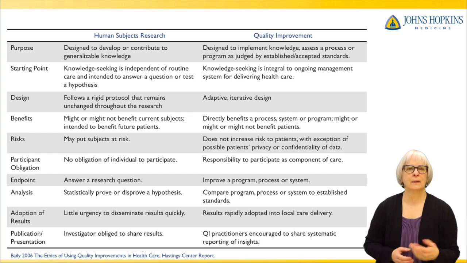The design, again, human subjects research: a rigid protocol that's going to remain unchanged, that standardization throughout the research project, versus quality improvement, where it's adaptive and iterative because it needs to be. If we're doing QI and our goal is to improve care in the setting in which we work, then we need to be able to ensure that it will work in the setting in which we work.